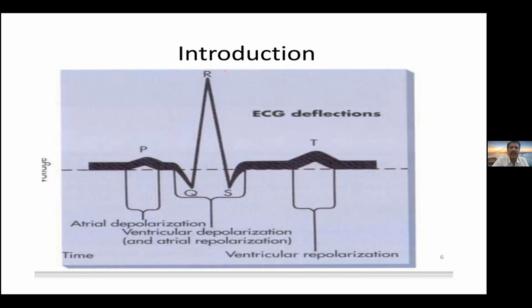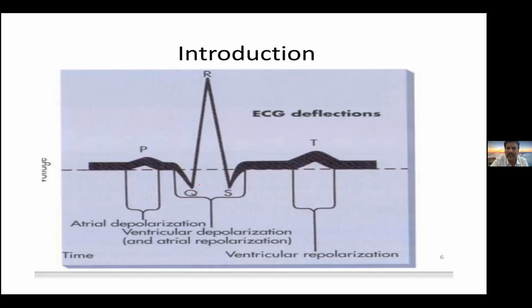The QRS complex is only 2 small squares in width because the conduction happens through the specialized conduction system, the bundle of His, right bundle, left bundle, and from there into the Purkinje fibers, which conduct very rapidly, so that all the ventricles appear to contract at the same time.